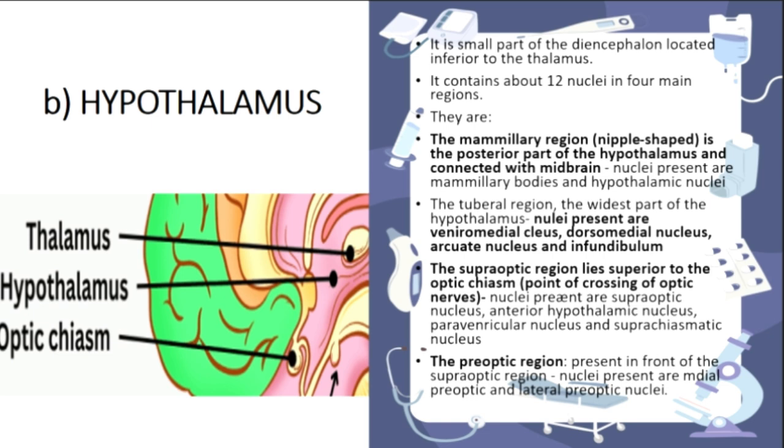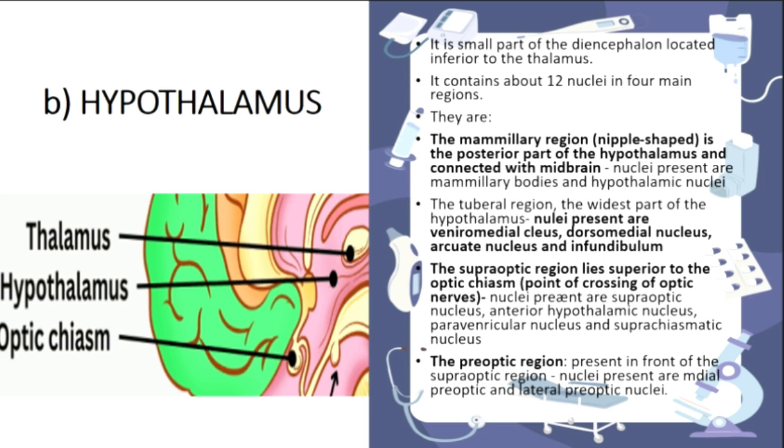As the thalamus has anterior, posterior, midline, intralaminar, lateral, ventral, and reticular nuclei, the hypothalamus also consists of many nuclei, like dorsal, medial, arcuate, ventral, and paraventricular. Many types are divided under these four main regions.